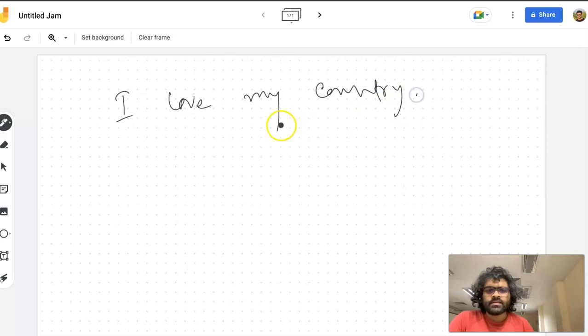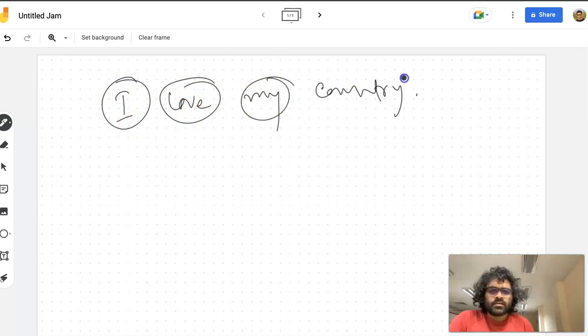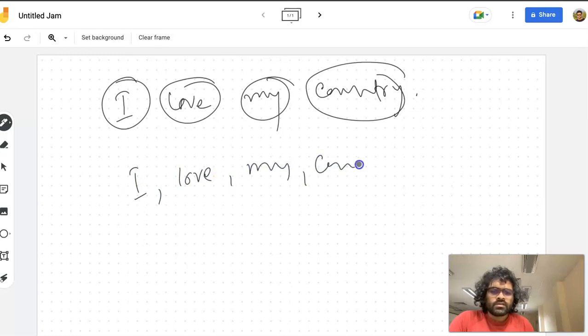Suppose this is the sentence: I love my country. Word segmentation is when we are segregating each of these words separately. So there are 4 different words. We are segmenting the sentence by spaces and we will get individual words. This works for English, but this may not be true for other languages.